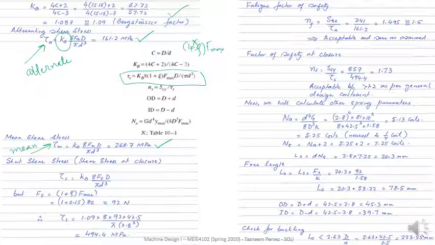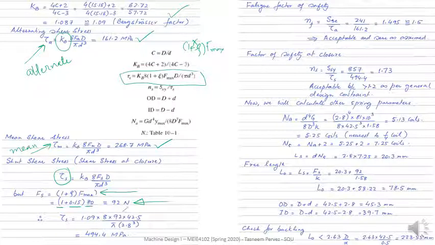And I will also calculate the shut stress. For the shut stress, this is the equation for the shut force. The robust linearity is 0.15. Maximum force is 80. I got this shut force.